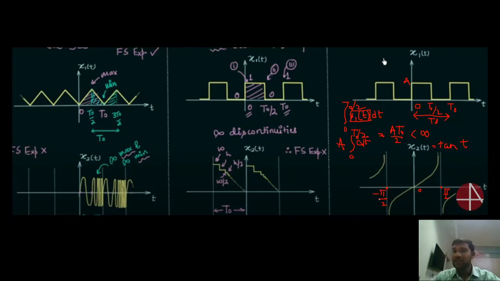If you integrate this signal over the limits minus pi by 2 to plus pi by 2, we will get a value of infinity. So such signals are not absolutely integrable, and we cannot find the Fourier series for signals which are not absolutely integrable.